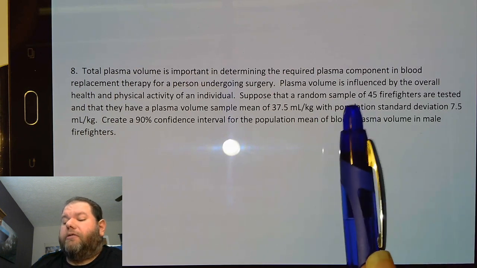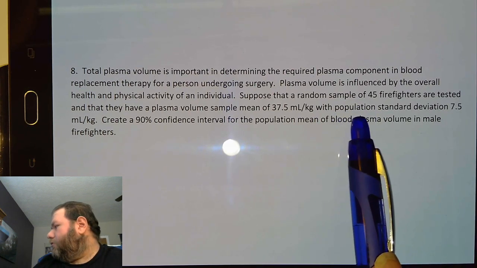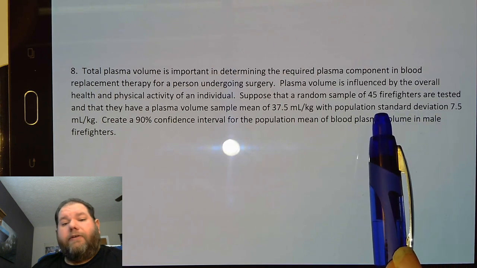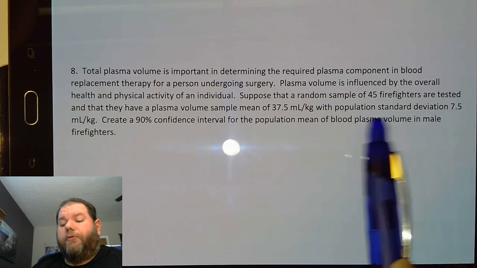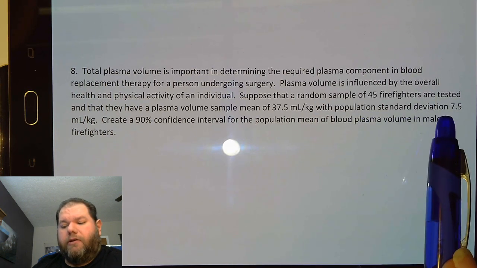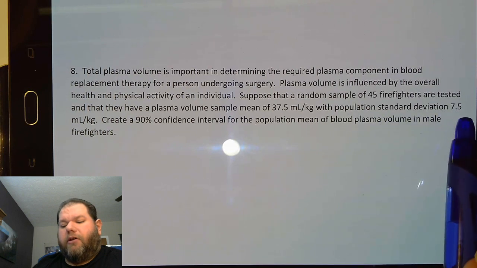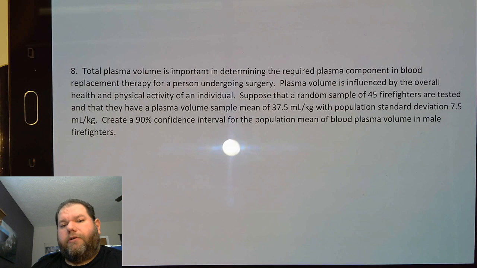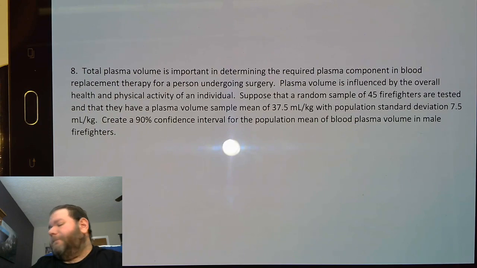Notice right here, when it states the standard deviation, I'm going to specifically state whether it's population or sample in front of that. Okay, so look where it gives us the standard deviation, 7.5. I'll make sure to include either population or sample there. In general, if we're not told, we should anticipate it's a sample, but this one specifically tells us it's a population. Okay.